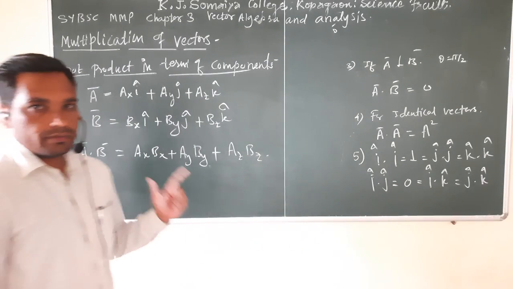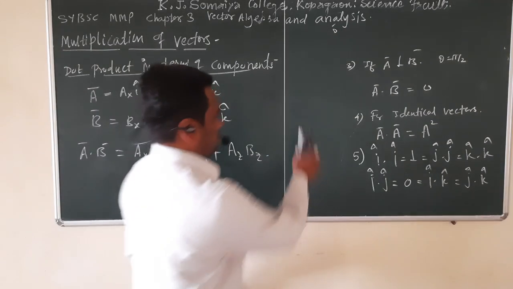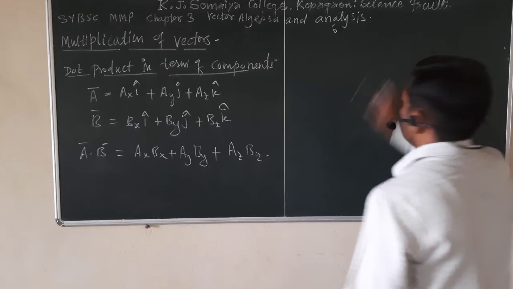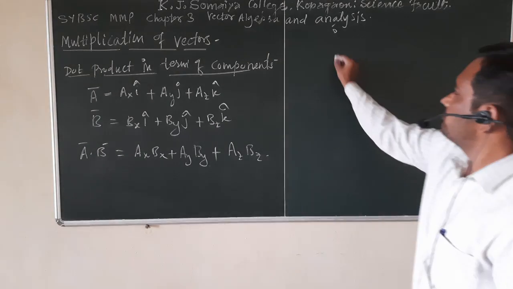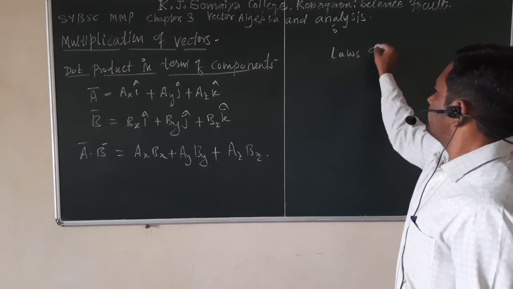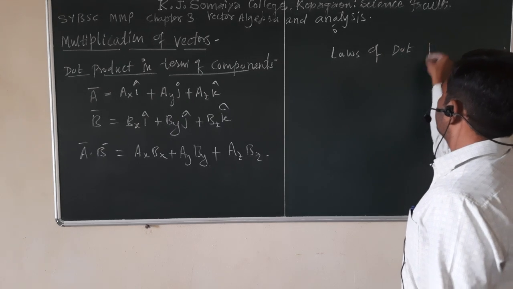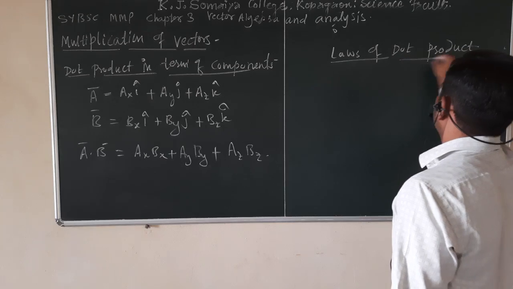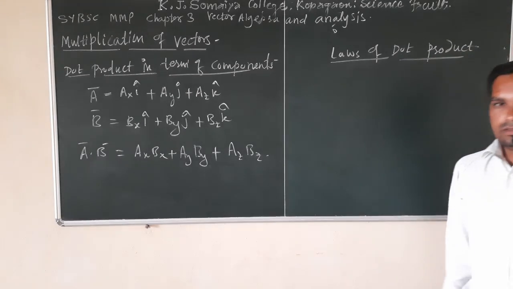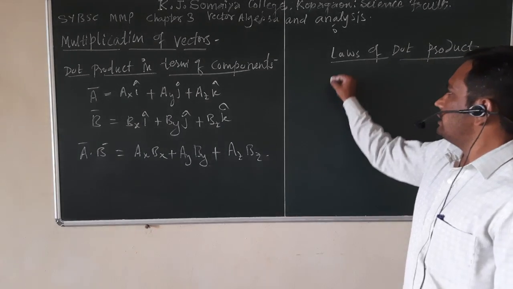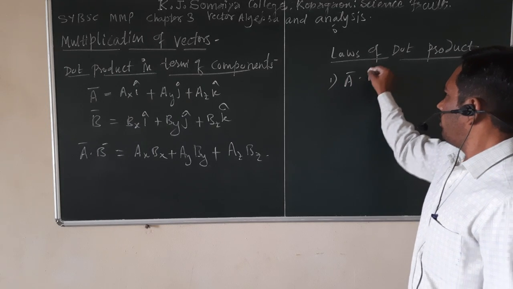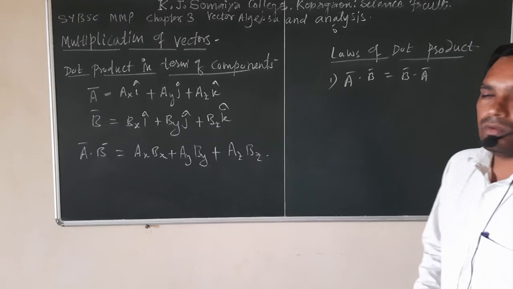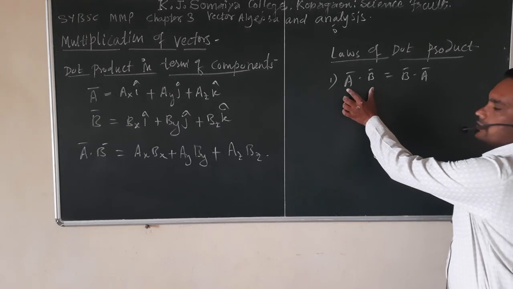Now, laws of dot product. The first law is that vector A dot B is nothing but vector B dot A. We know that vector A dot B is a scalar quantity.